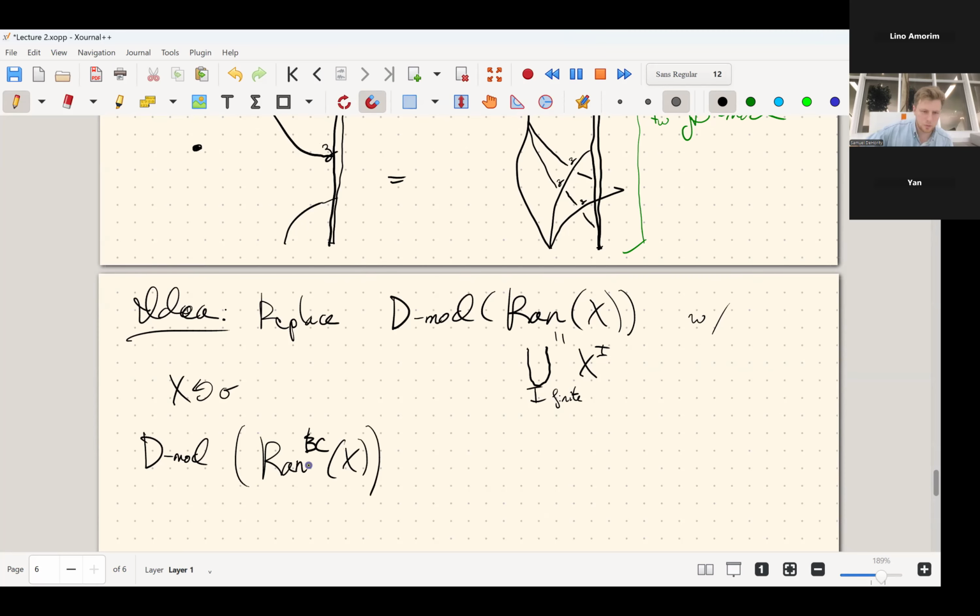This is a union over all of our diagonals. Here, our union is over, again, finite sets I, and also pairs of functions from I going to plus minus of X to the I, and now we're going to include diagonals and anti-diagonals.